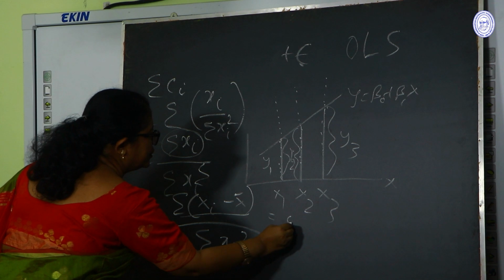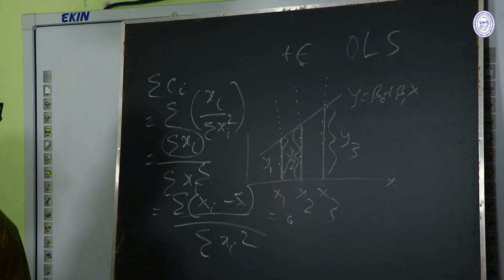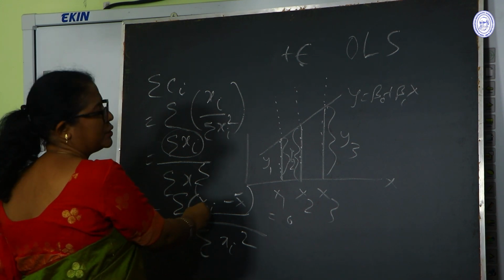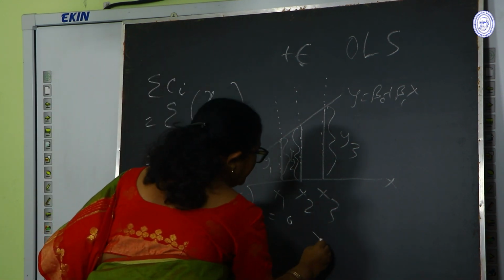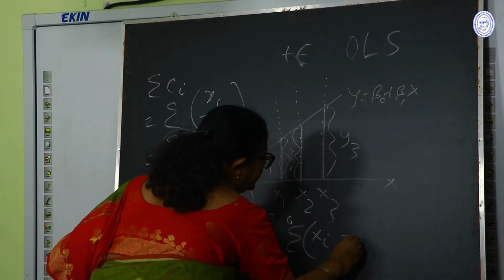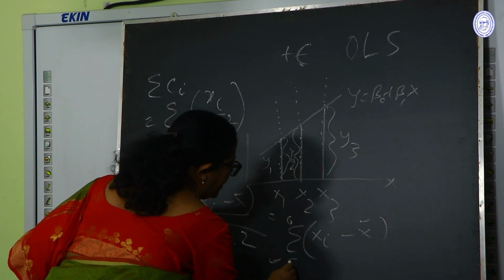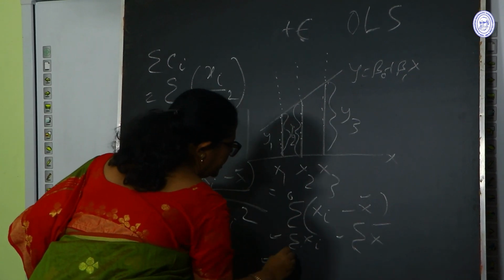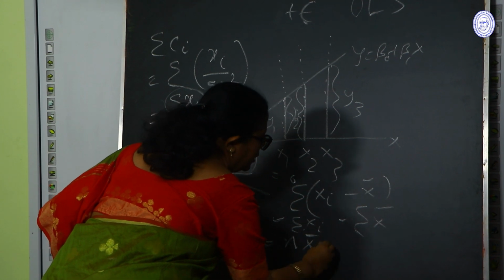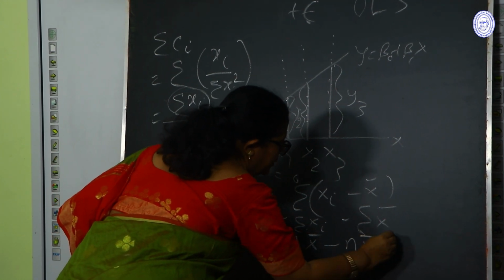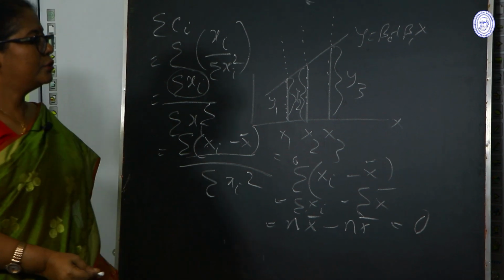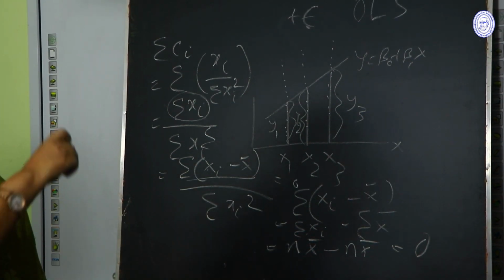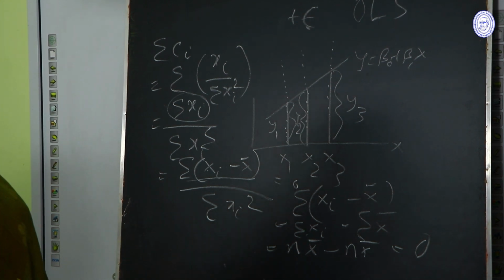This one is equal to 0, we all know that, because summation xi minus x bar is equal to summation xi minus summation x bar. Summation xi means n into x bar, and summation x bar is also n into x bar. So, this is 0. So, summation Ci is equal to 0.